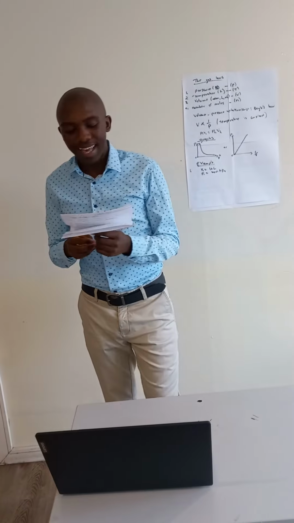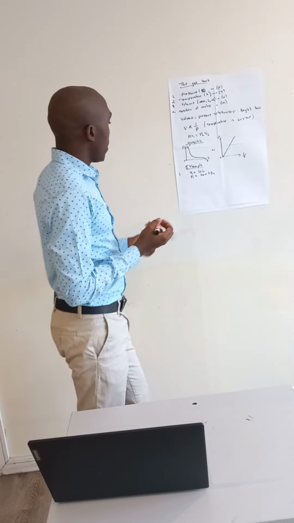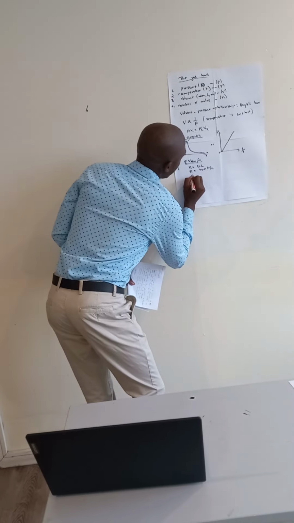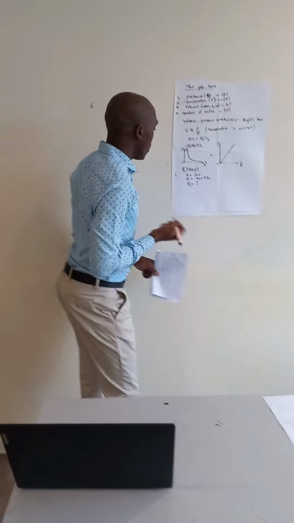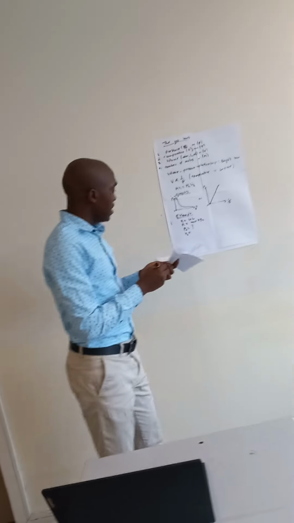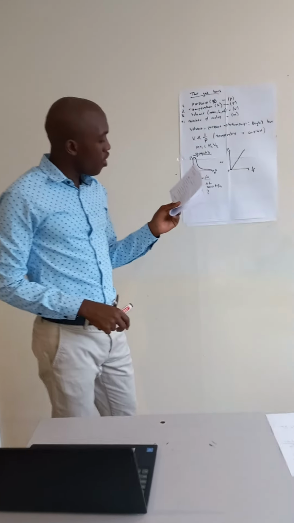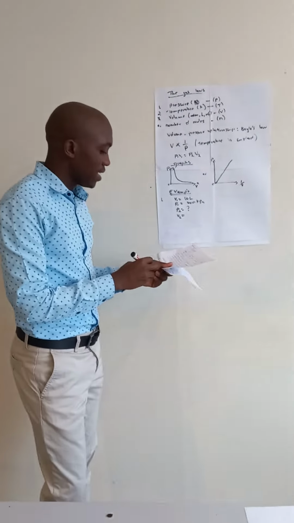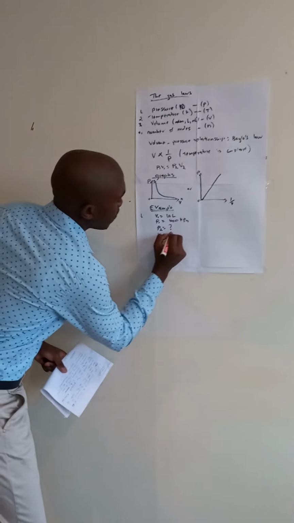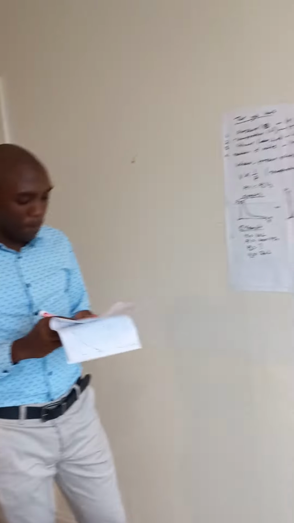So P1 is 400 kilopascal. What will be the pressure exerted by the gas if it is completely transferred into a new container? So what we are asked for is P2 as our second pressure. The gas was in a 1 liter container, and now it is moved to a 3 liter container. So our second volume is 3 liters. Then we are asked what is the pressure.